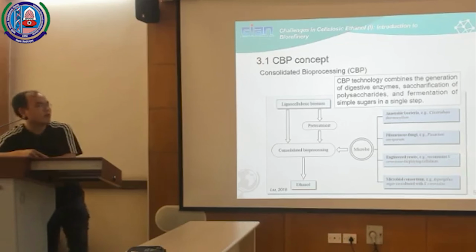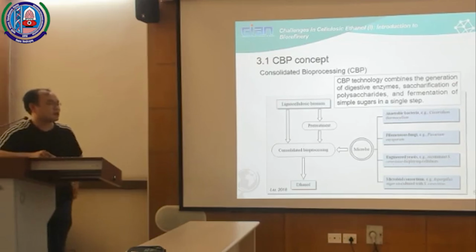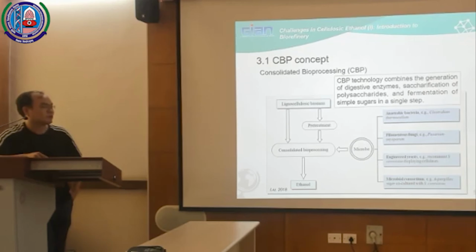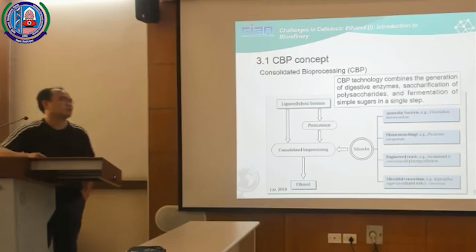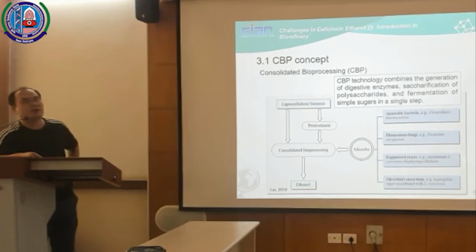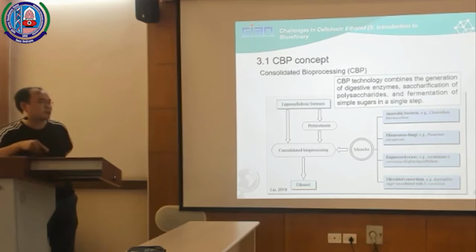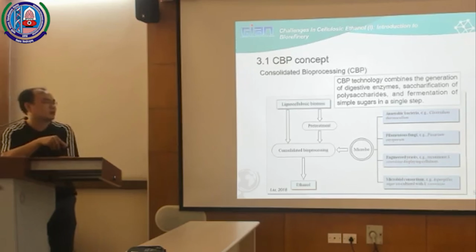And we can also do engineering of the Saccharomyces, letting it display the cellulase enzymes on the surface or secrete the cellulase into the fermentation culture. We can also use co-culturing. For co-culturing, another term is consortium.